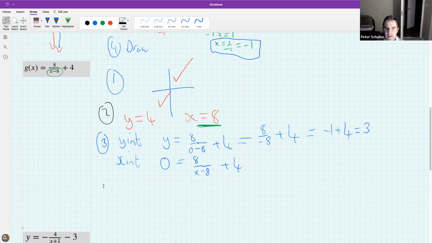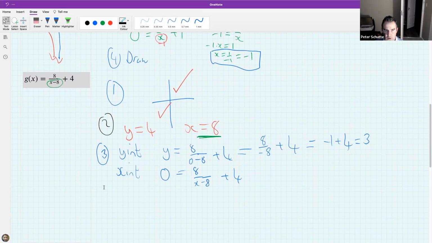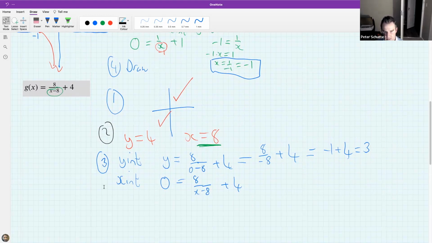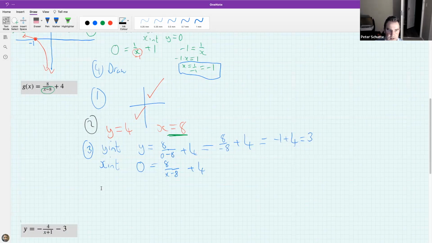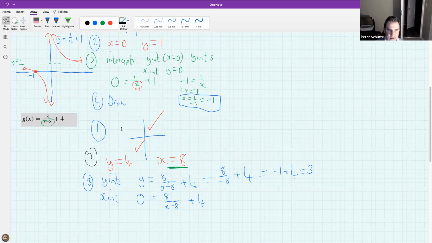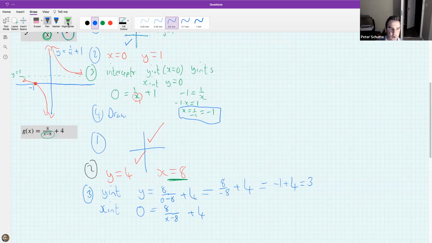Okay. In the previous example, there was no y-intercept because you couldn't make x 0 in the question. The previous graph just had 1 over x, and because you couldn't make x 0, you couldn't get it. But in this one, if you make x 0, there's still the minus 8 next to it, which means that you can find a y-intercept. The y-intercept is going to be 3.